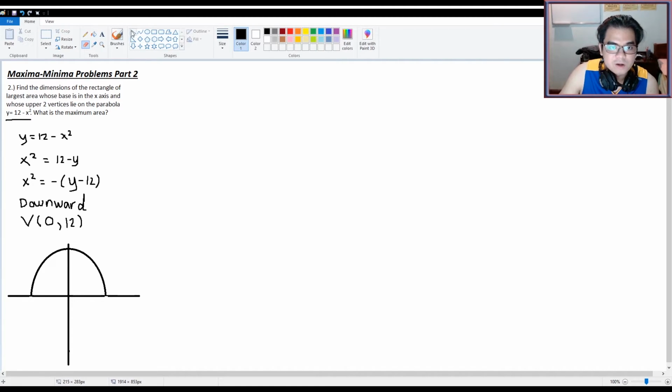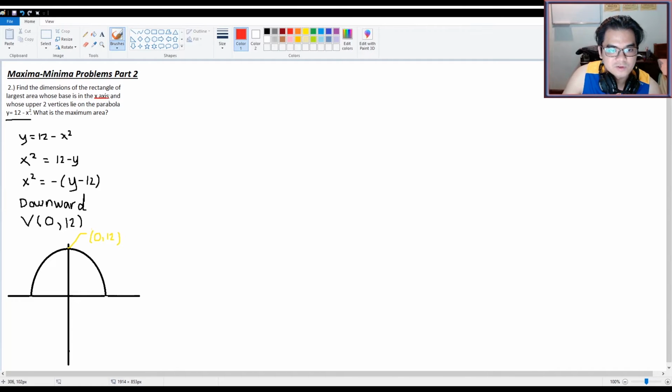Okay, so if that is the parabola, therefore this part is your 12. Now let's put the coordinates. So this is (0, 12). Now for the rectangle, where should I put the rectangle? As you can see, the base of the rectangle must be on the x-axis.